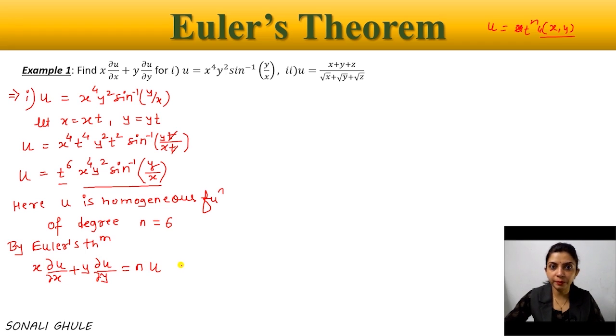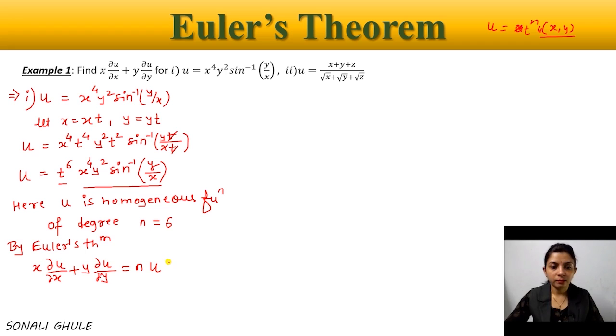So you have to remember when u is homogeneous, you have to write the value for the first order relation n into u. Okay, and when f of u is homogeneous, you have to write this first order relation value n into f of u upon f dash of u.